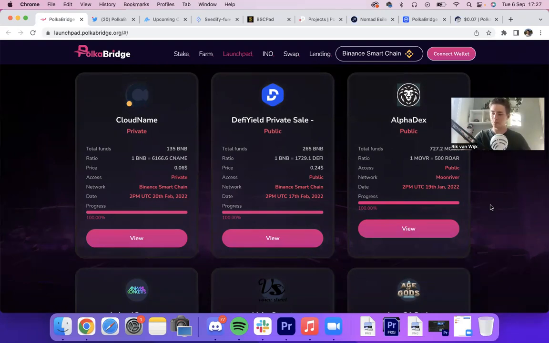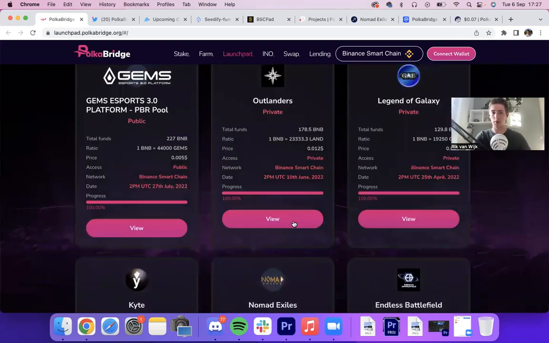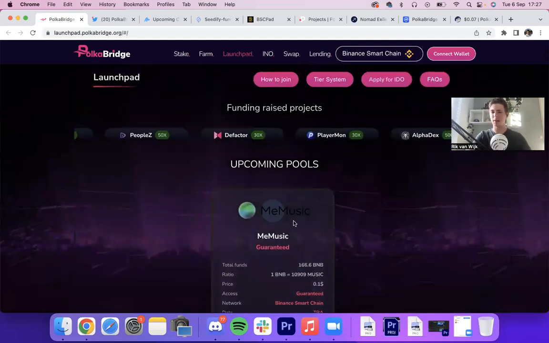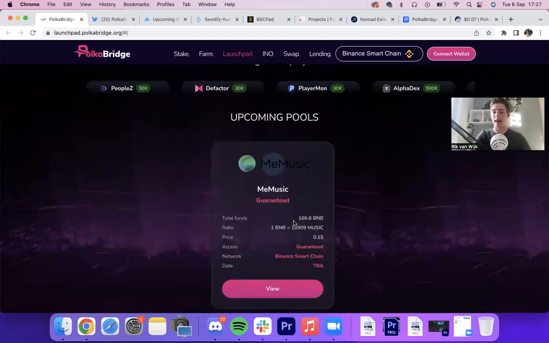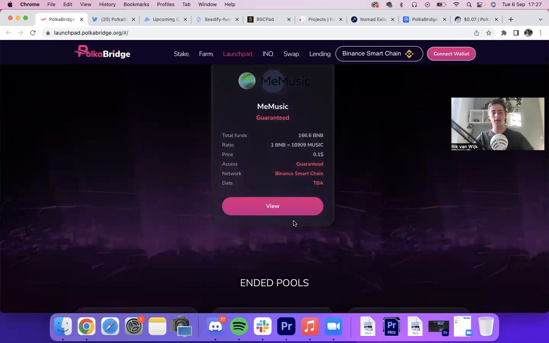The quantity, how many projects does a Launchpad push out every month, in my opinion, is not even that relevant, because at the end of the day, when I'm investing in a Launchpad, I'm looking for quality. And if you bring me one quality project every single month, that's fine. I'd rather have that than having 5 projects every month and all of them sucky, right? Then it's worthless.